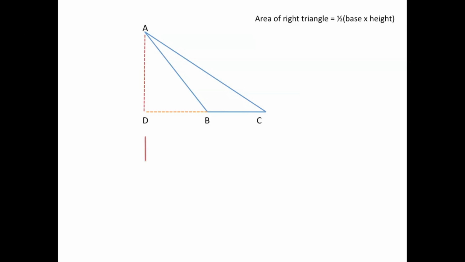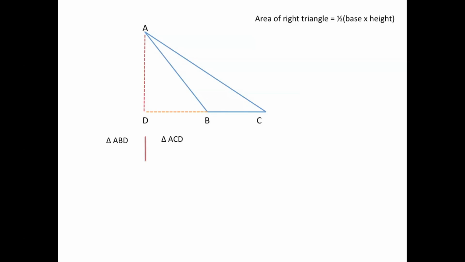Now if you look here, we have two right angle triangles. Firstly, we have triangle ABD, which we created with the dotted red line and dotted orange line. And we also have the larger right angle triangle, which is ACD.